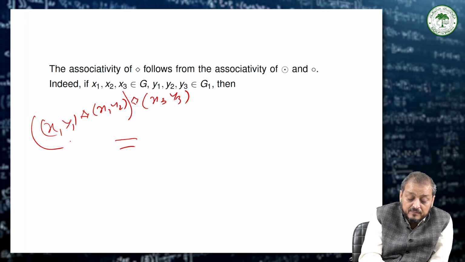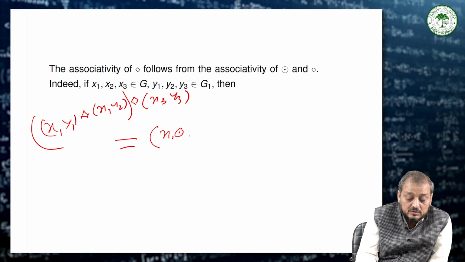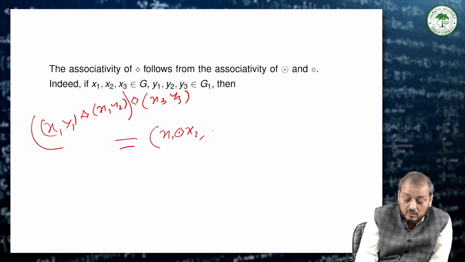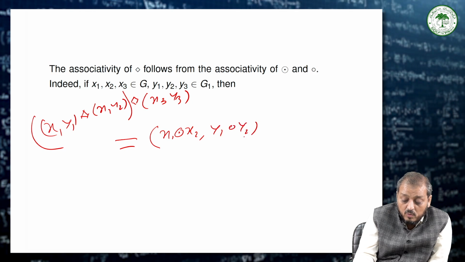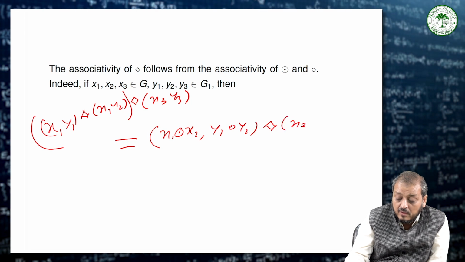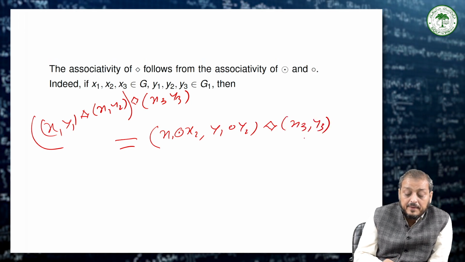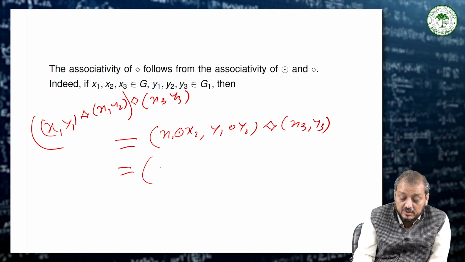Now check if this can be written as x1 dot x2, and then y1 circle y2, and then the diamond of x3 and y3. And now this can be written in this form again by the definition of the binary operation.